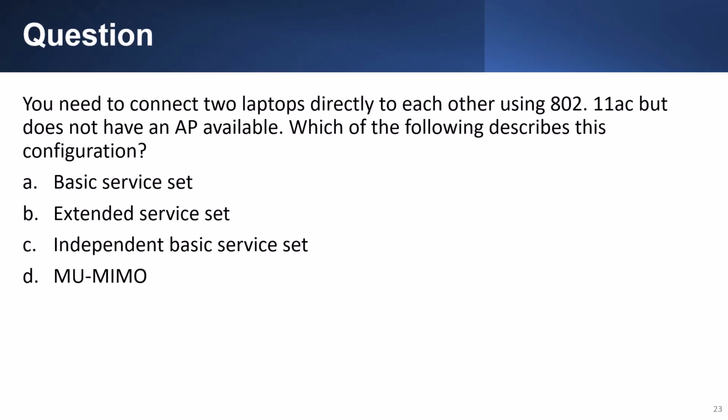Question: You need to connect two laptops directly to each other using 802.11 AC, but do not have an AP available. Which of the following describes this configuration? Answer: Independent basic service set.